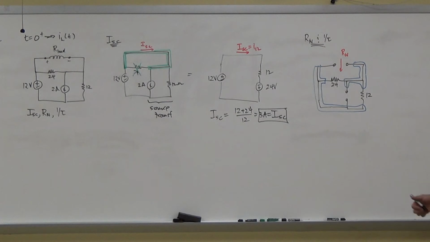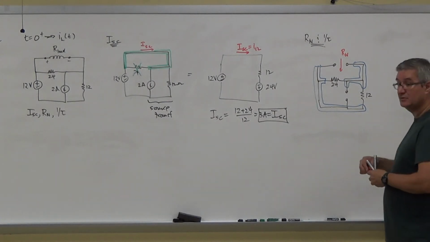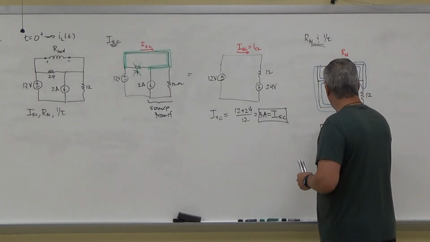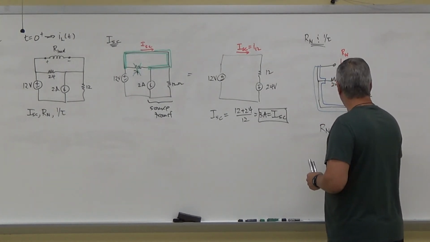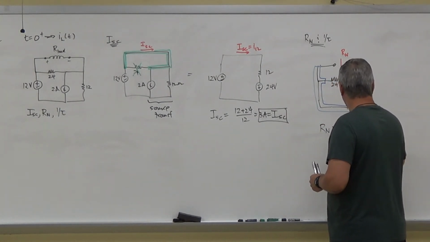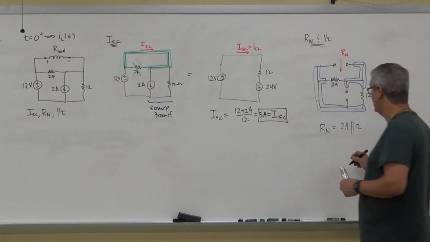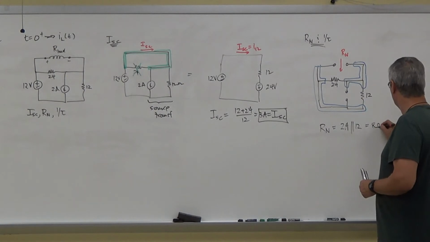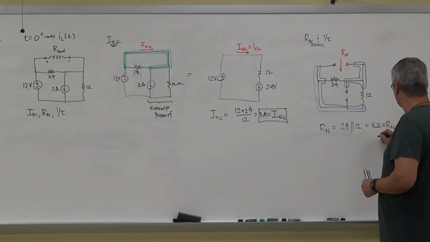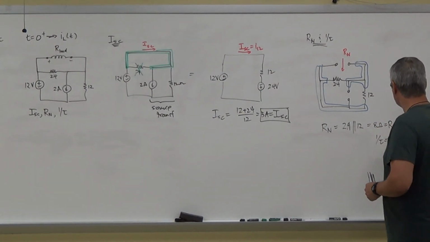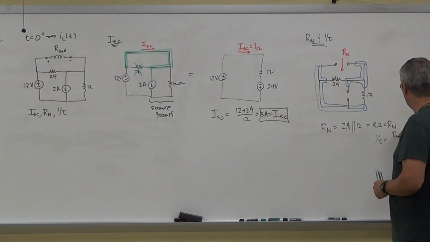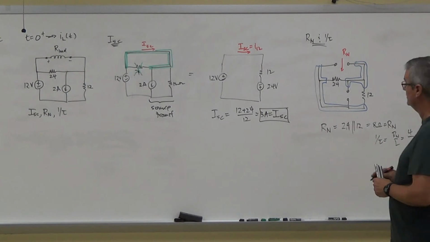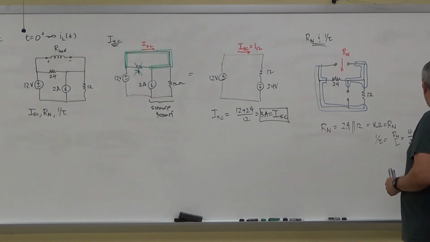They're in parallel. Right? There's only 2 nodes between 2 resistors. That means that Rn implies that 24 is parallel to 12. Half divided by 3 gives me 8 ohms for Rn. So therefore 1 over tau is then going to be Rn over L. So this will be 4 divided by 2. 8 over 2. Yeah.